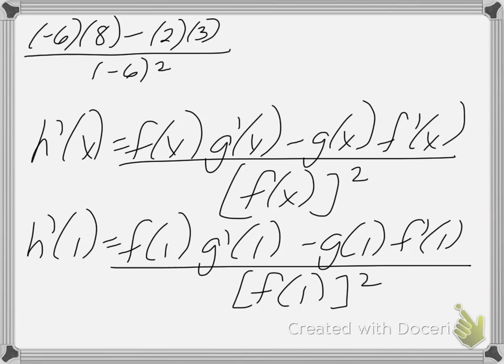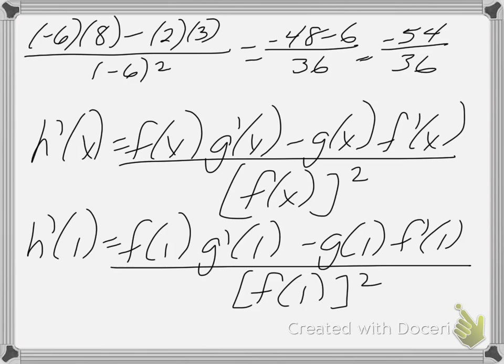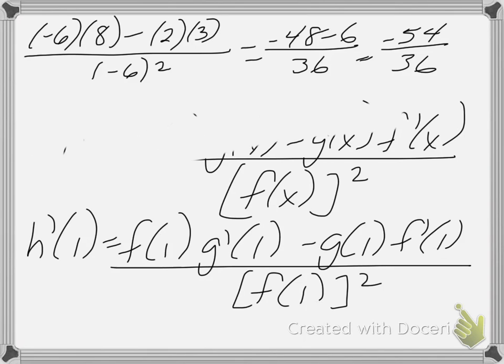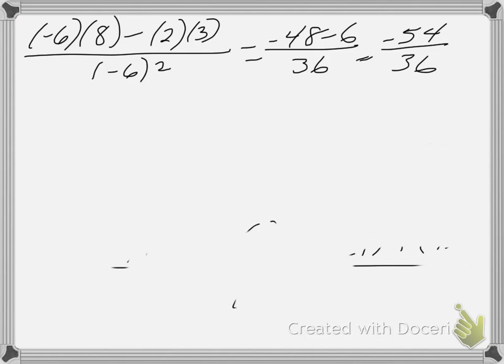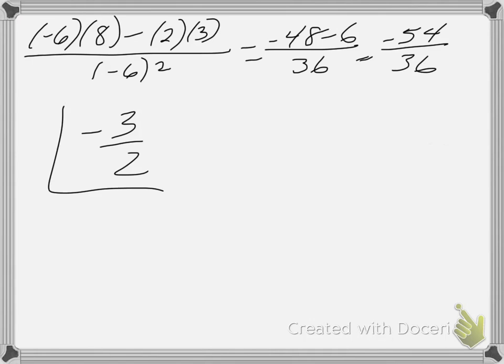That's all squared. Okay, so you're going to get negative 48 minus 6 over 36, which is negative 54 over 36. And this can simplify to negative 3 over 2. That was the answer for B.